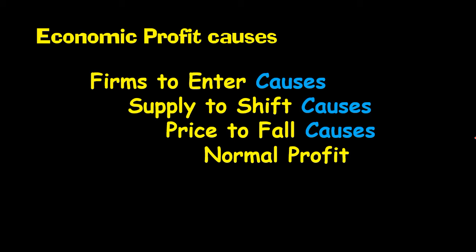What happens? If there's an economic profit, firms enter the market, that causes an increase in supply, causes prices to fall, and takes away that economic profit and leaves us with just our normal profit. Okay? There's a system, an automatic mechanism that gets rid of that economic profit.